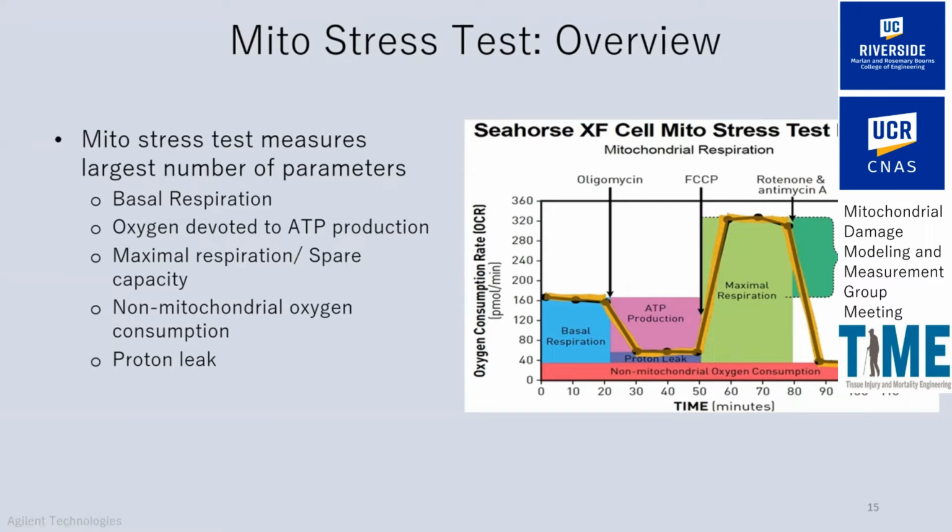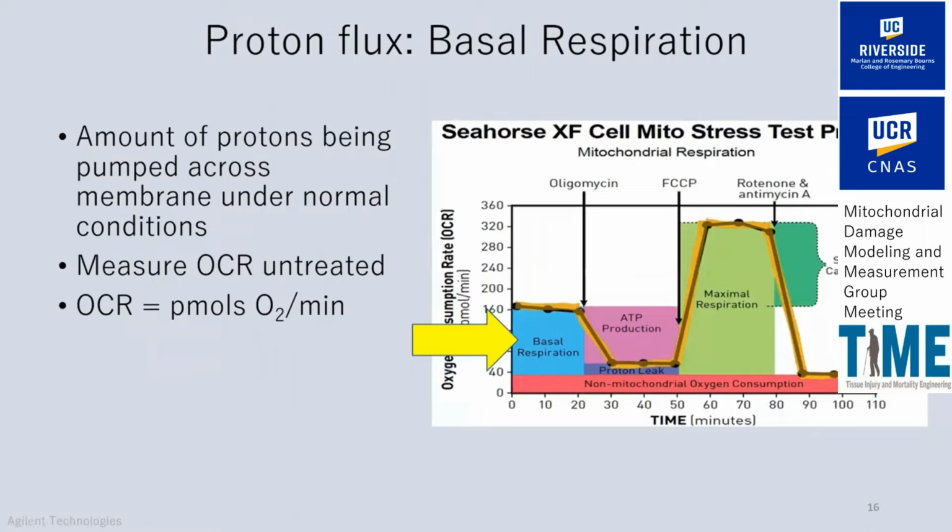But I'd like you to note in this graph, it's not possible to get all of these parameters until the complete assay is completed. So you don't necessarily get proton leak or non-mitochondrial oxygen consumption until the very end. So there's no real good way to talk about these in sequence, but I'm gonna try to have them in an order that makes some sense.